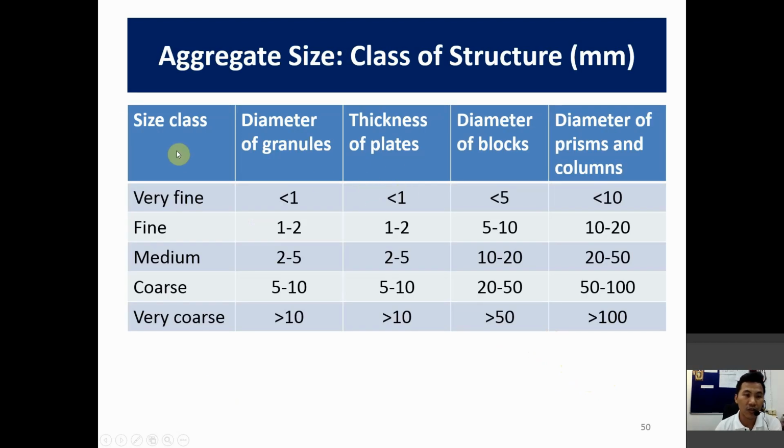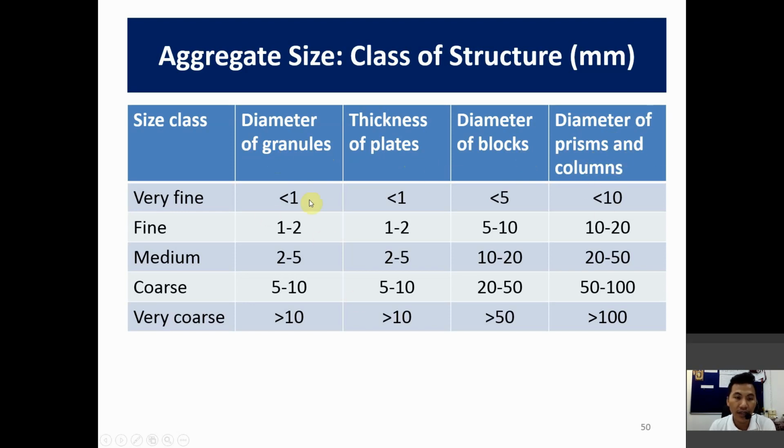Here is the table showing you the different size classes according to the different aggregate shapes. The size class consists of very fine, fine, medium, coarse, and very coarse. The next columns are different shapes. The first one is granules or sphere, the next one is plate, this one is block, and the last one is prism or column.